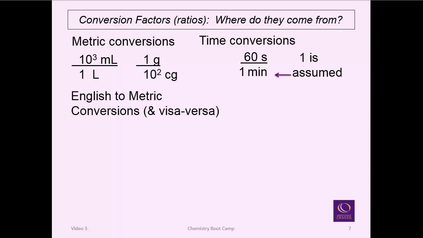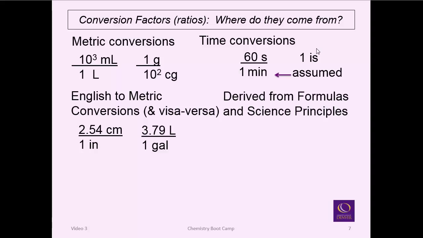English to metric and vice versa. You may know some of these, but if not, they're easy enough to look up. 2.54 centimeters per 1 inch, 3.79 liters per gallon. And then sometimes there's some conversion factors that we'll get once we understand some of the formulas and science principles. And these will come as we go into the class.